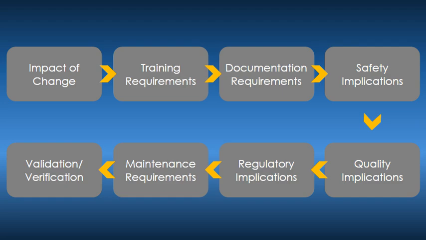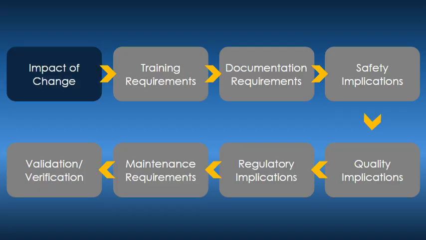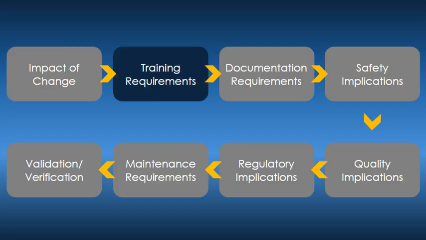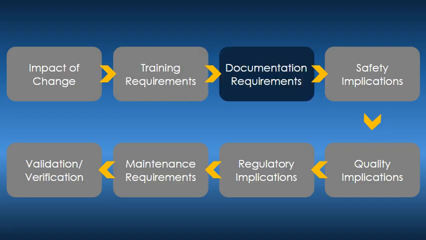A corrective and preventive action plan frequently results in process changes. Therefore, organizations should evaluate the impact of the change. Training required to ensure personnel have the knowledge and skills to enact the new process. Documentation requirements or needed updates.